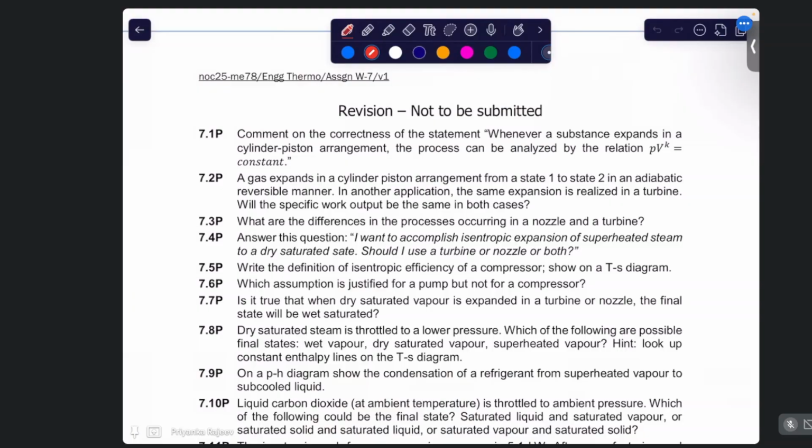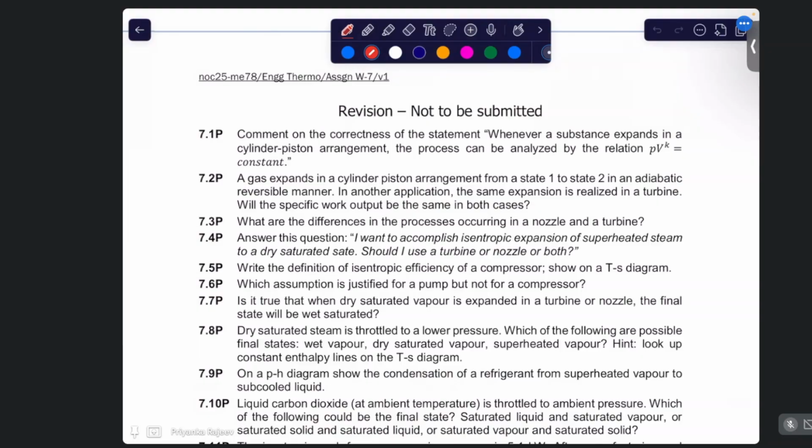First, comment on the correctness of the statement: whenever a substance expands in a cylinder piston arrangement, the process can be analyzed by the relation PV raised to K equal to constant.